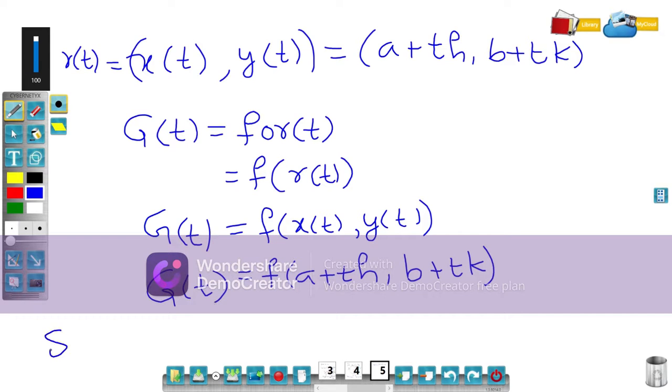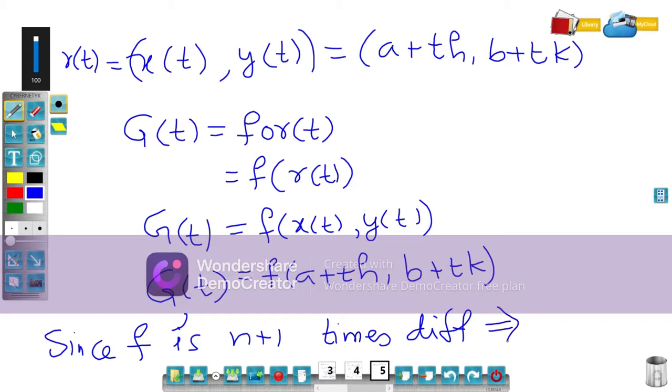So since f is n plus 1 times differentiable, this implies g is also n plus 1 times differentiable, because g and f are the same.